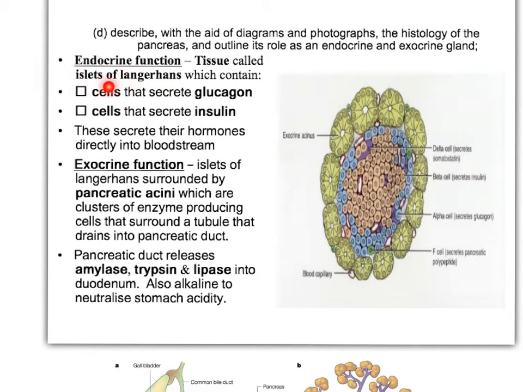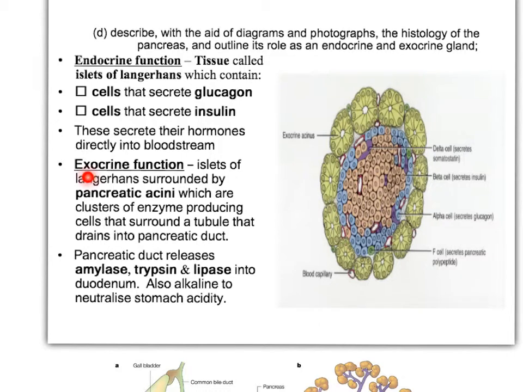So, endocrine function. The endocrine part of the pancreas is called the islet of Langerhans, and these contain alpha cells that secrete glucagon, and beta cells that secrete insulin. And as with any endocrine gland, these hormones are secreted straight into the bloodstream.